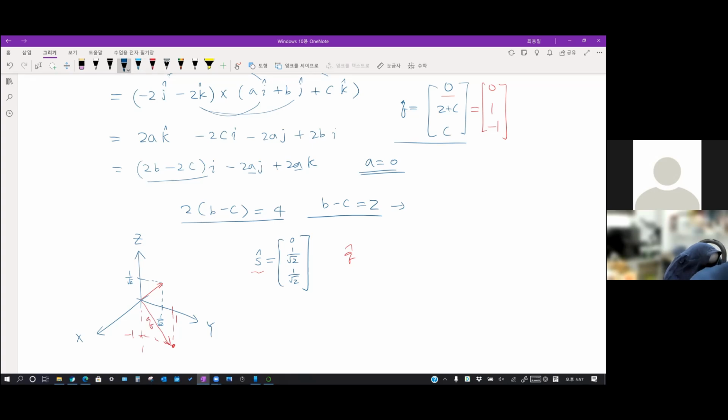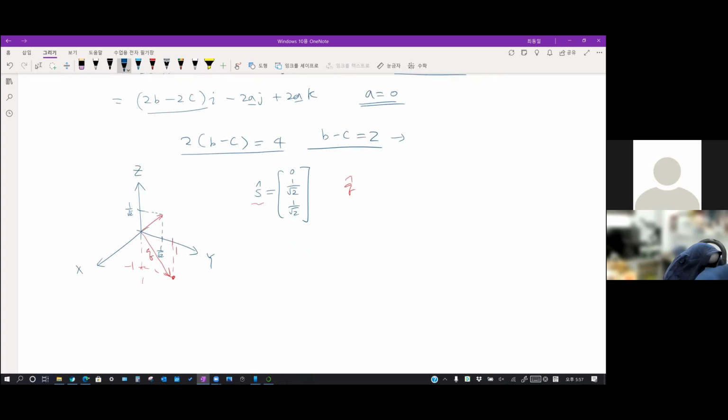Then the resultant screw axis has a direction parallel to this one, and this parallel axis goes through the Q point, and this axis becomes the screw axis.